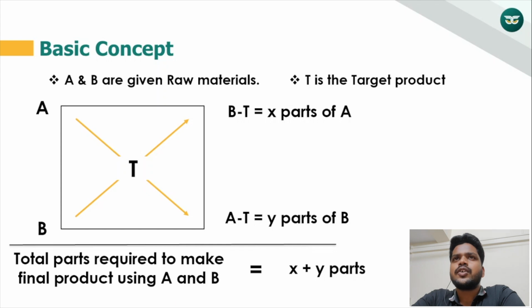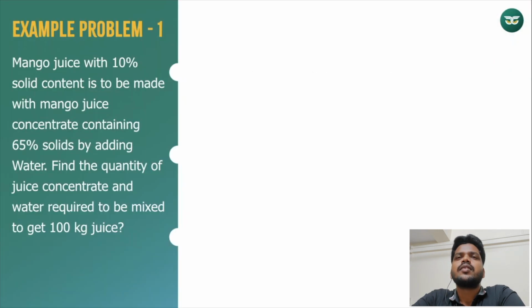In order to understand this concept, we will see some problems. First problem: mango juice of 10% solid content is to be made. What is given?